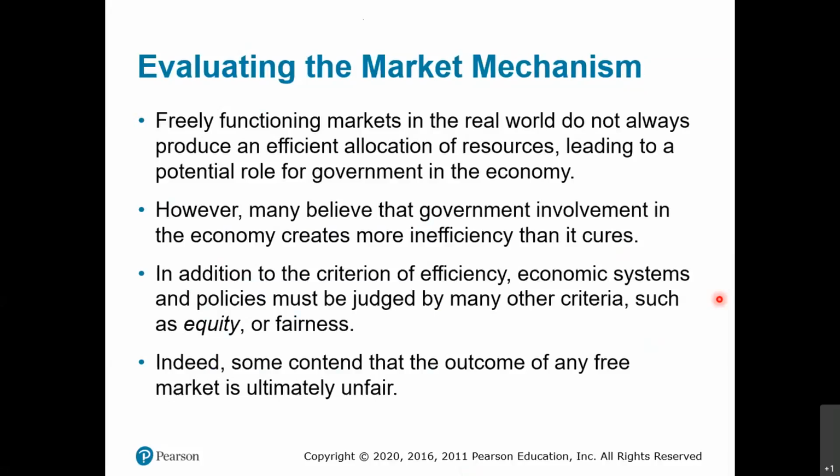We have not talked about fairness. Oh, society gets all to the efficient location. Yeah, if you are starving and have to choose between food and medicine, that might not be fair, even if it is efficient.